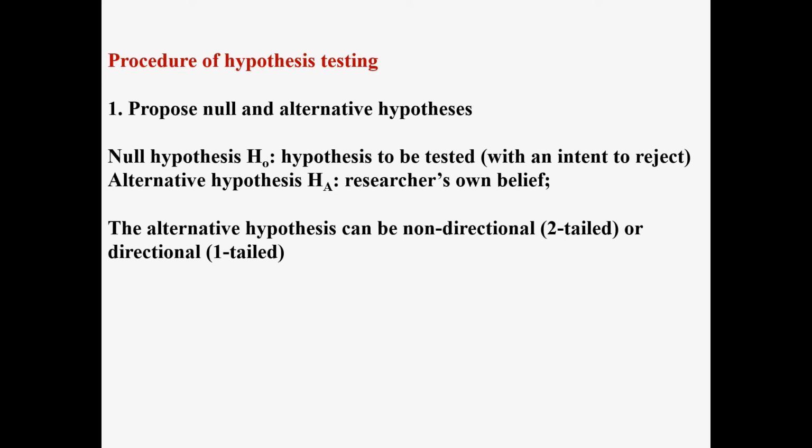So the null hypothesis often is set up with intent to reject. But that's not always the case. For example, sometimes you want to prove that your variable conforms to a normal distribution.